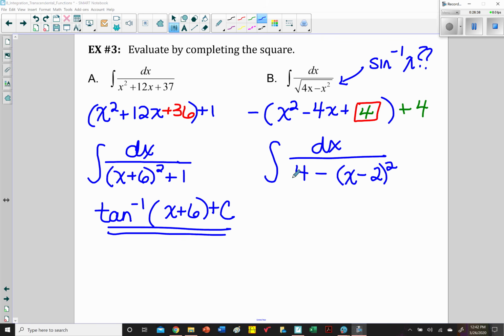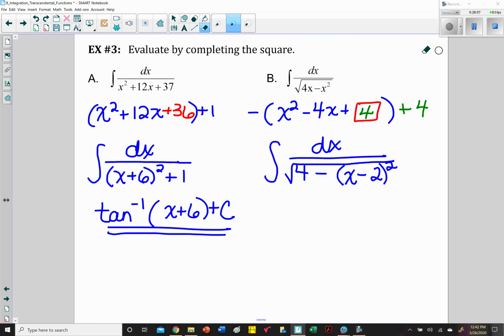I got to put the square root here. Okay, following what I've got, this 4 minus this term, this trinomial is the x minus 2 quantity squared. It's all under the radical. That's how I recognize that this is a sine inverse integrand.